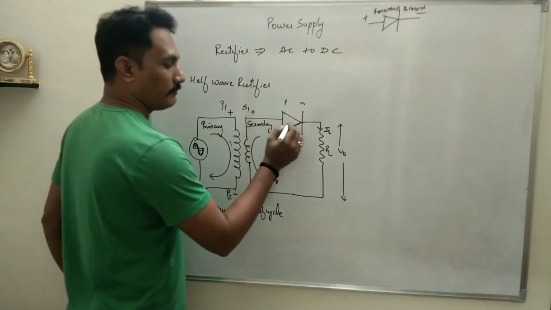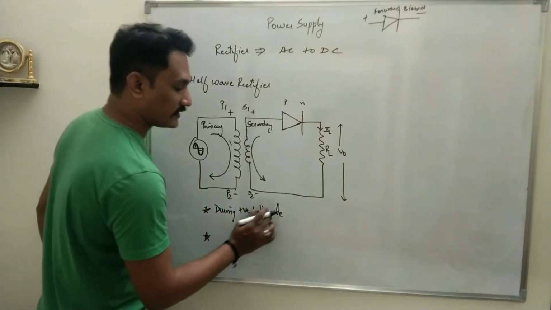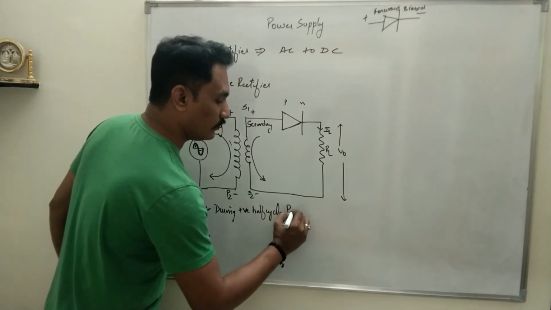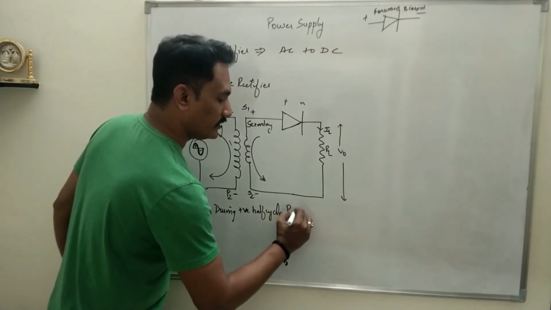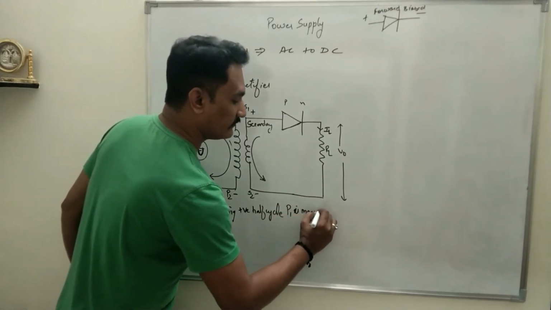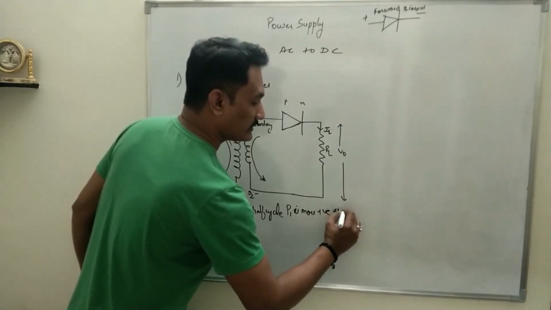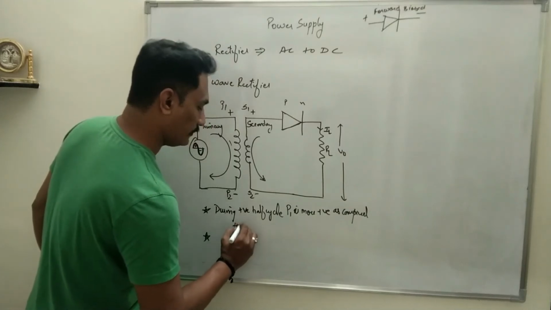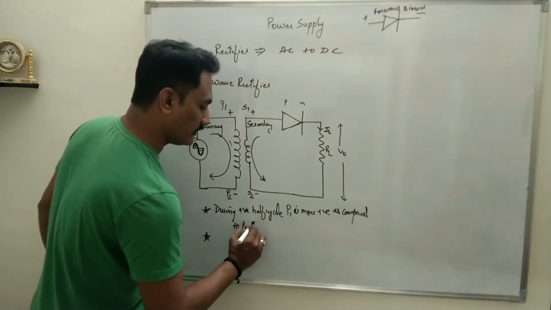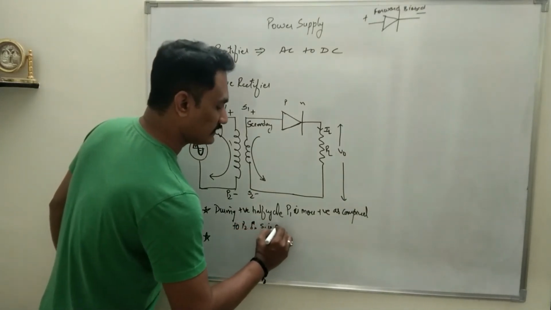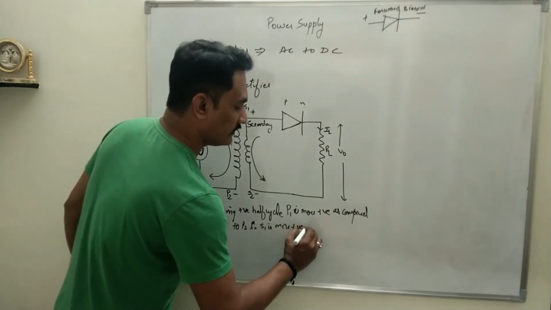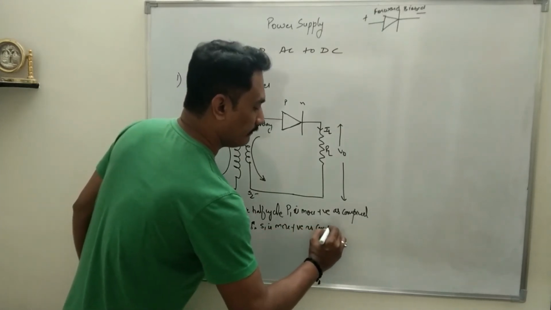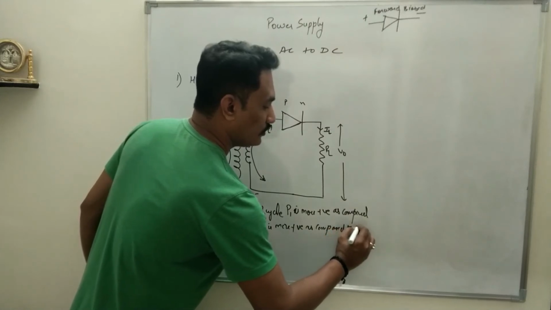So during forward bias, during the positive half cycle, P1 is more positive as compared to P2. Therefore S1 is more positive as compared to S2.